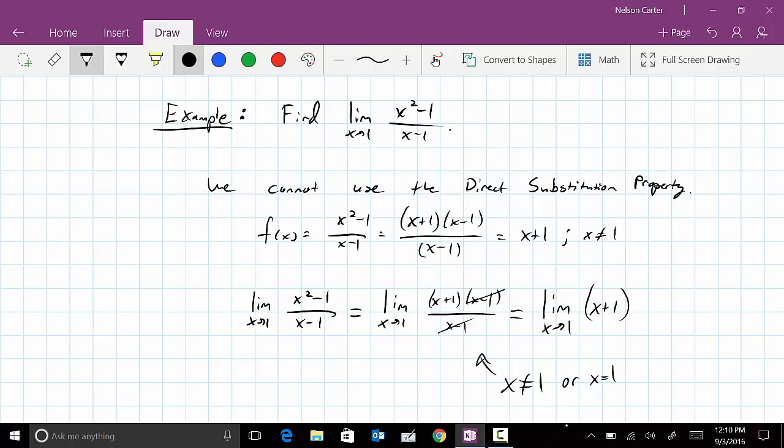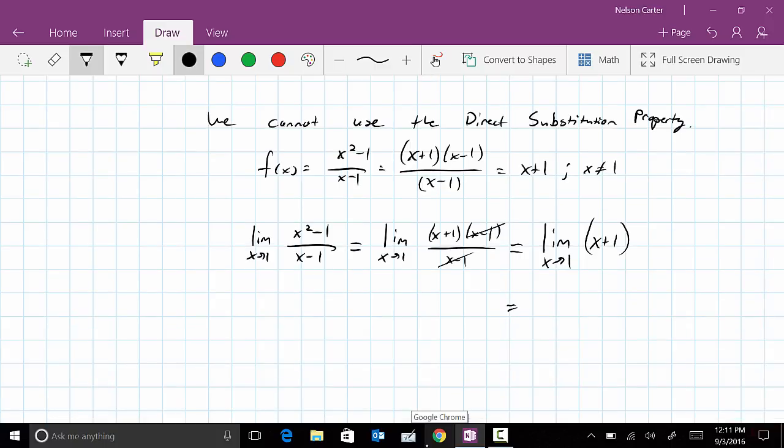In either case, we're still going to take a limit, and the limit doesn't care. So you don't have to go off to the side and make that special statement and say, oh, well, x can't be 1, because the limit doesn't concern itself with it, and so we can just do that.